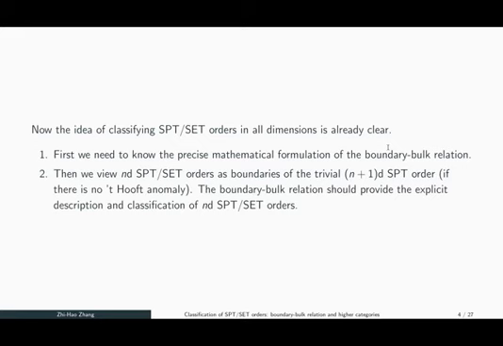Then we view an nD SPT order or nD SCT order as a boundary of the trivial (n+1)D SPT order. If there's no 't Hooft anomaly, we can gauge it. By the boundary-bulk relation, there should be an explicit description and classification of nD SPT orders. This is the main idea.